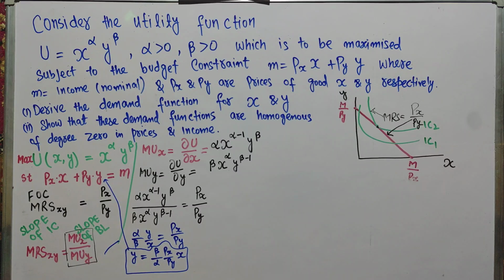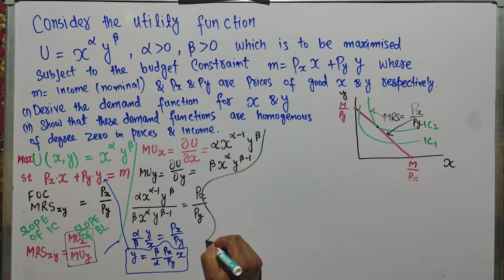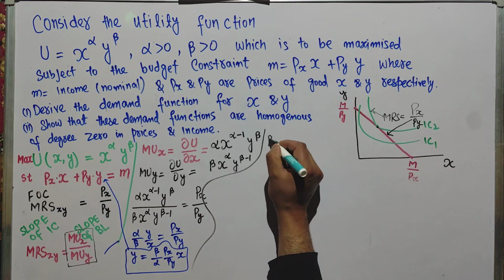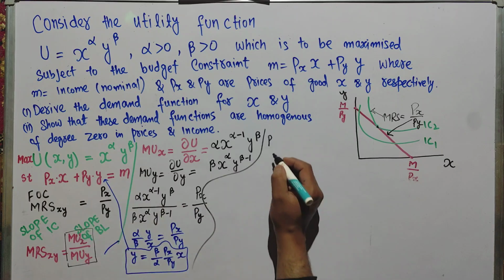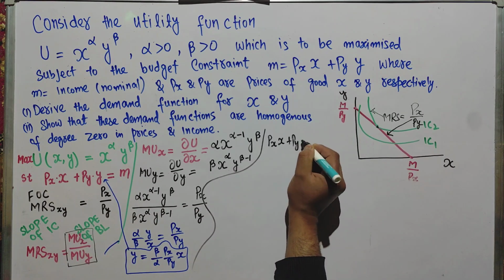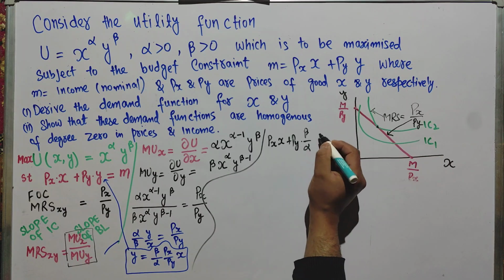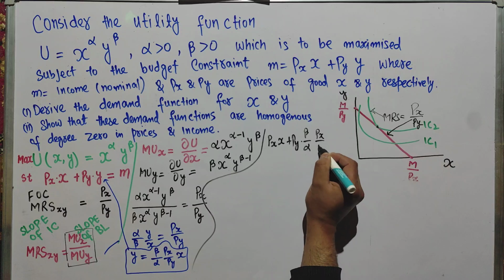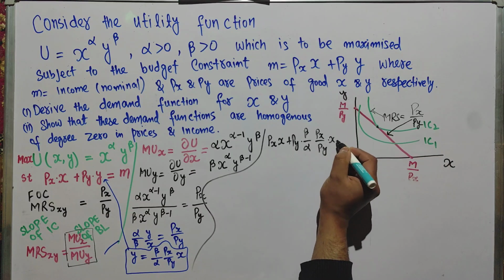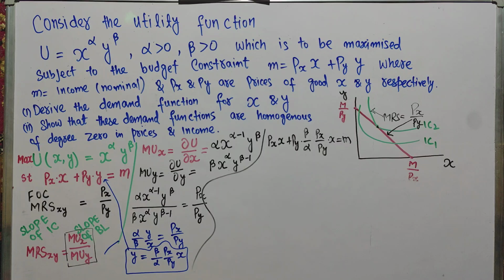So we are actually calculating the demand function for good x and y first, then we will solve the second part. Inserting the value of y in the budget constraint, we have price of x into x plus price of y times the value of y, which is beta upon alpha times price of x upon price of y times x, should be equal to the income of the consumer.